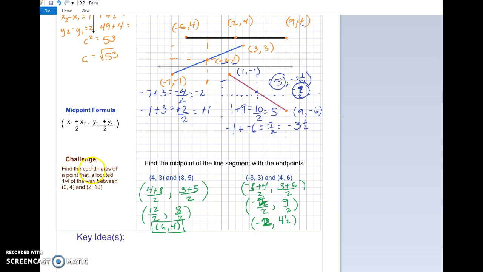Find the coordinates of a point that is located 1/4 of the way between 0, 4 and 2, 10. Okay? So instead of finding the halfway point, I want you to find the 1/4 point. Think about how you might solve that. What would you do?